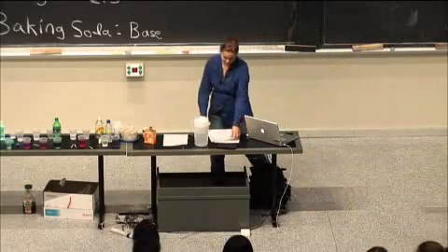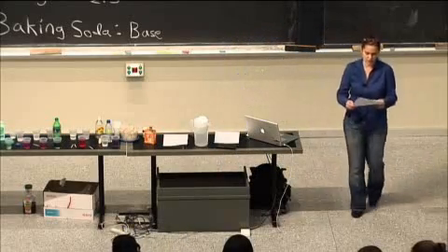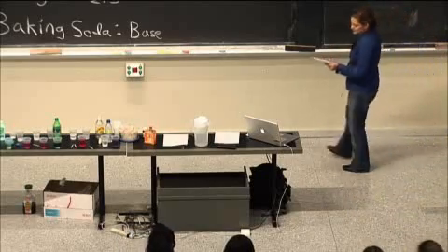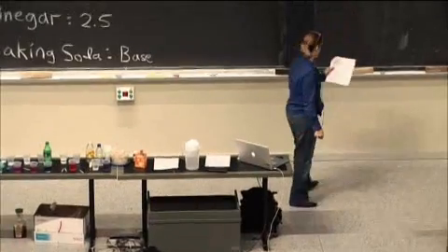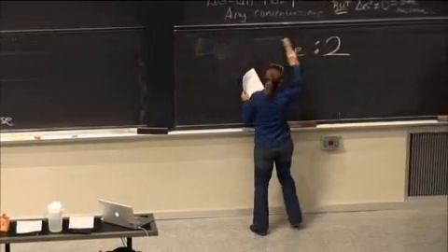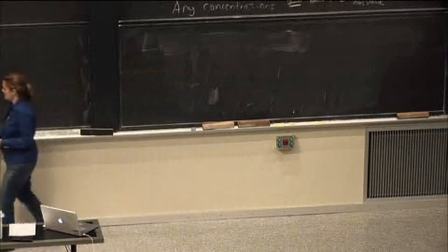All right, so let's talk about some acids in water some more and introduce something you'll use a lot, which is an acid ionization constant. So let's look at an example of an acid in water.